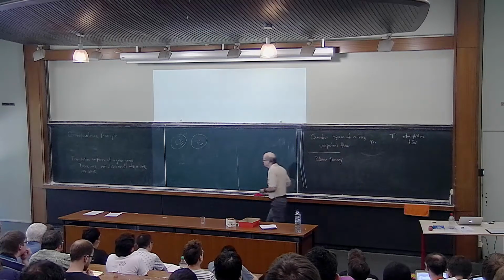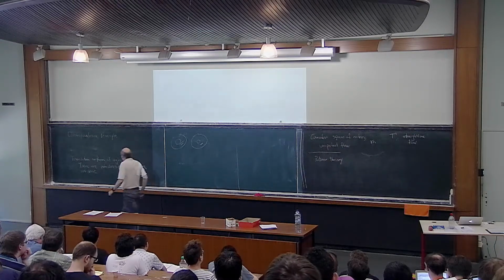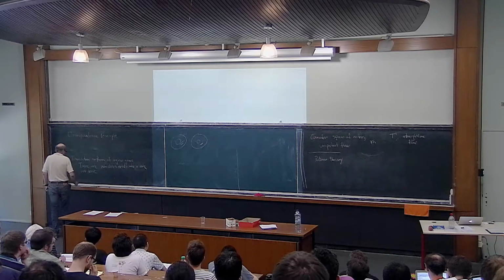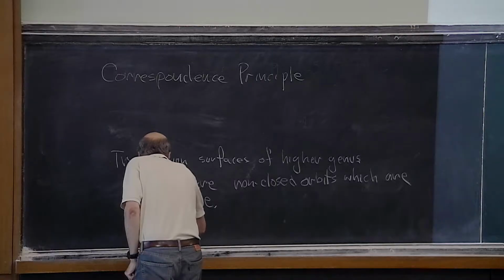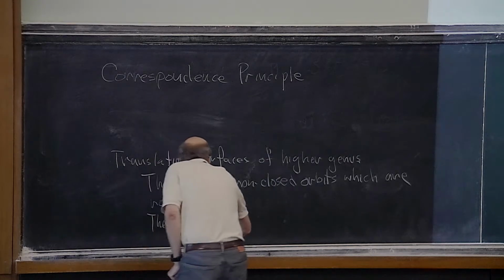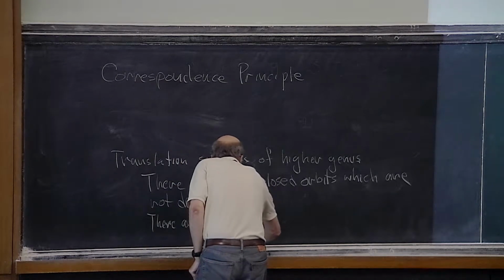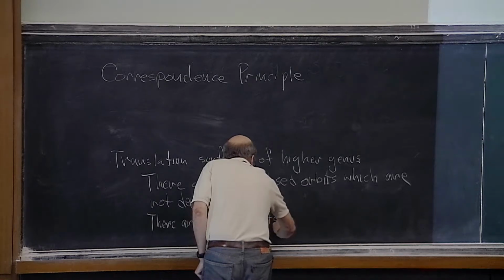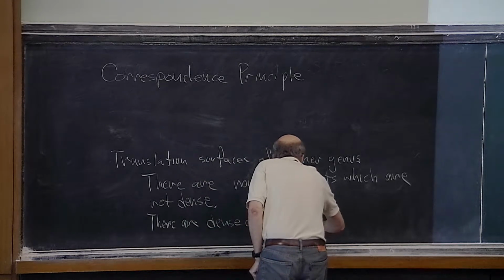Okay, there are non-closed orbits which are dense, and there are dense orbits which are not uniformly distributed.